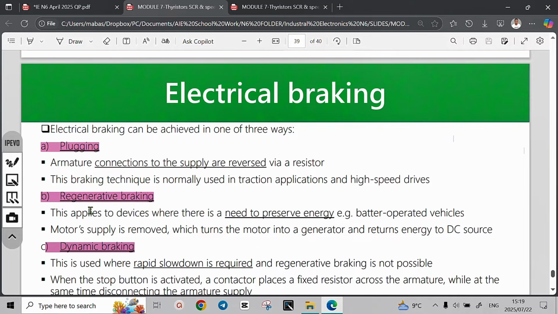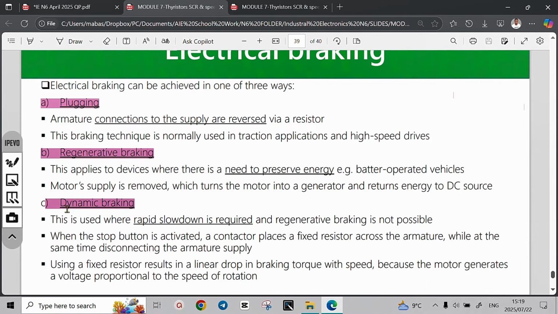Then you have regenerative braking. This applies to devices where there is a need to preserve energy, like your battery operated vehicles. So vehicle supply is removed, which turns the motor into a generator and returns energy to the DC source, right? Then you have your dynamic braking.